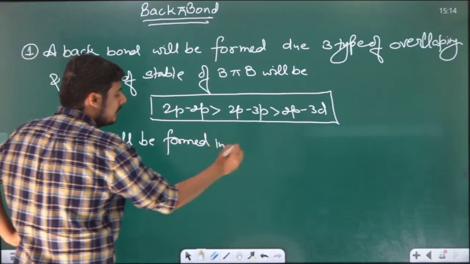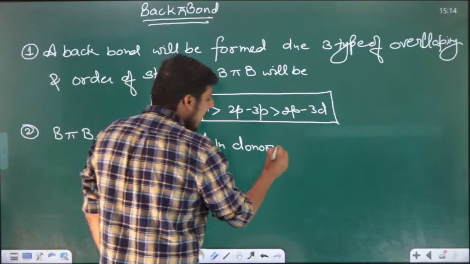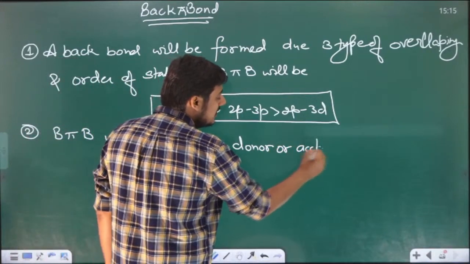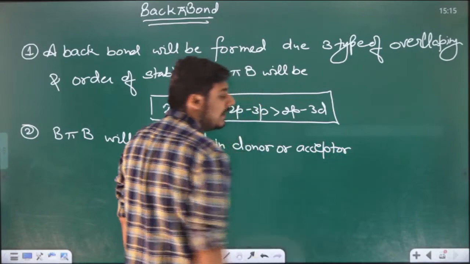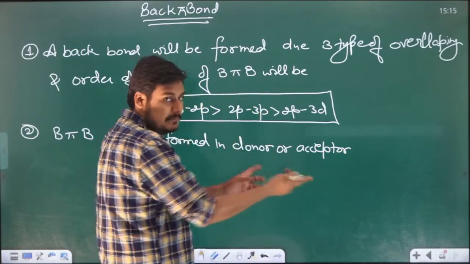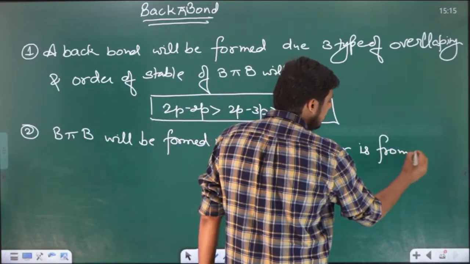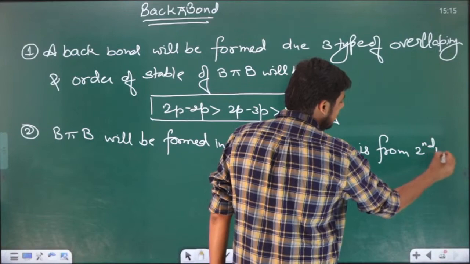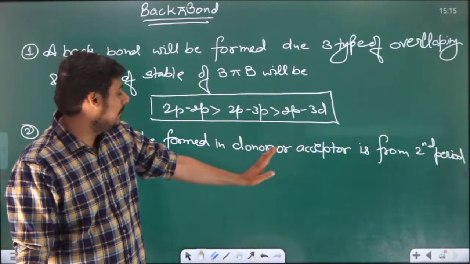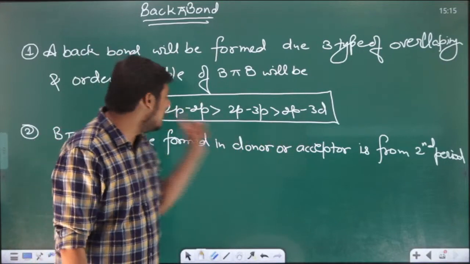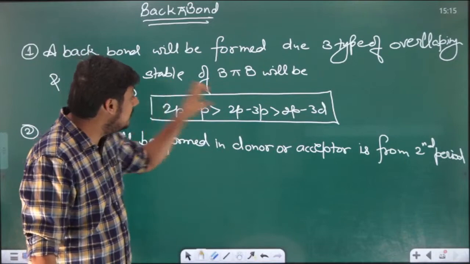if the donor, the atom which donates electron density, or the acceptor, the atom which has a high delta positive and a vacant orbital, either one of them, is from the second period. At least one of them must be from the second period. That is the only case when 2p will be involved.